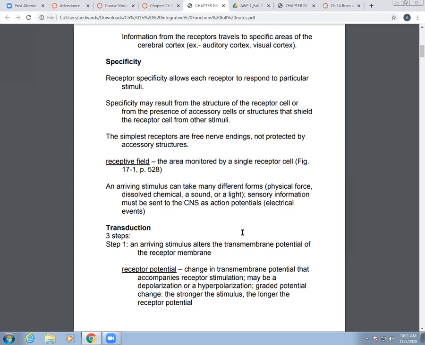The term that we use is receptive field, and here it's an area that you monitor with a single receptor cell.